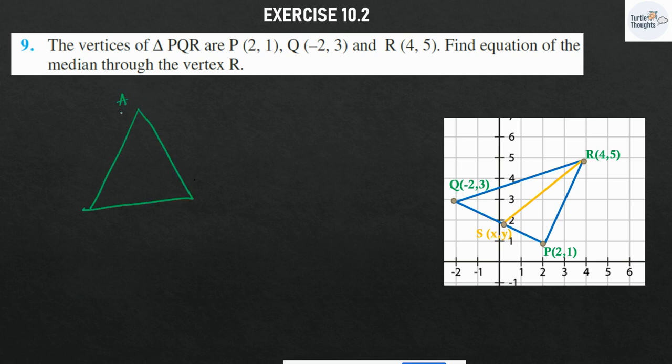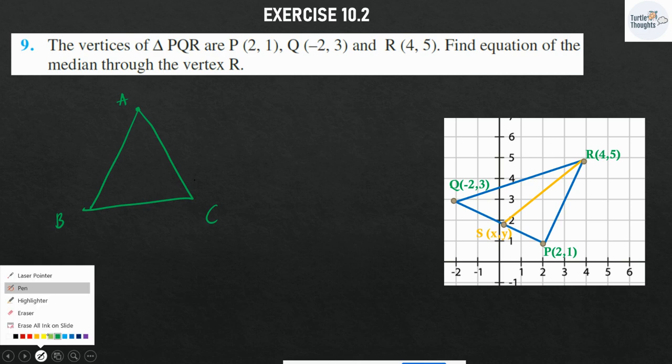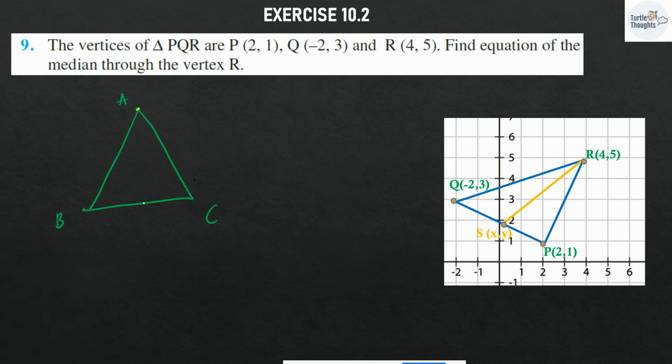If we have a triangle ABC, a median is a line drawn from any one vertex of a triangle to the midpoint of the other side. So if I join A to the midpoint of BC and name it D, AD is one of the medians.